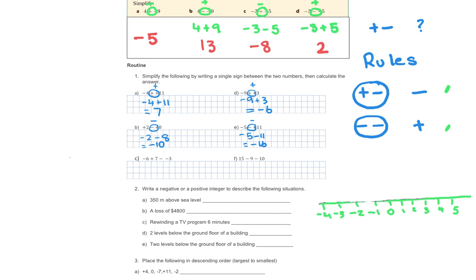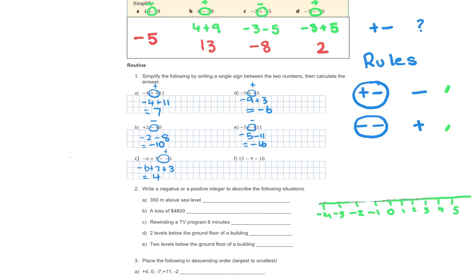Okay, so this is the answer for the first 4, and then let's work through the next 2 together. I've got 2 negative signs, so I change that to a plus, which ends up with -6 plus 7 plus 3, which gives me 4. Use the number line if you need it.